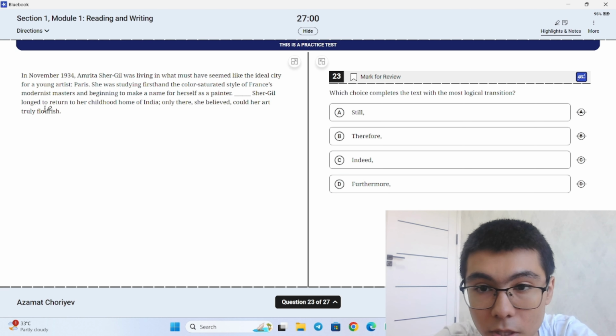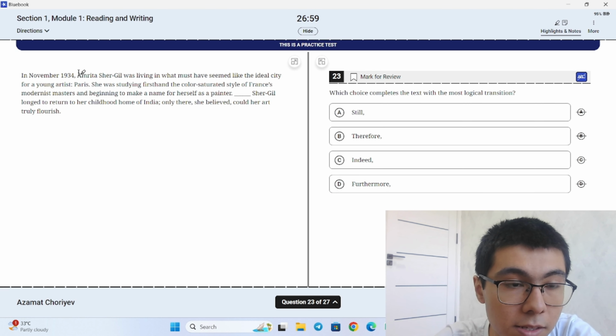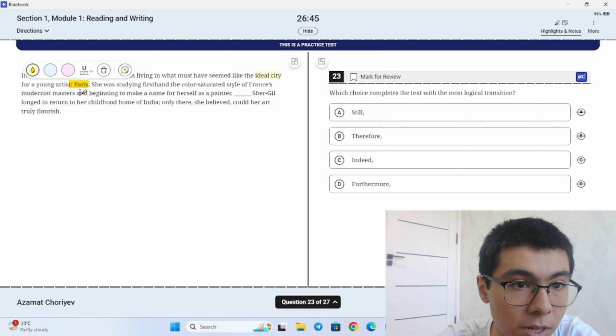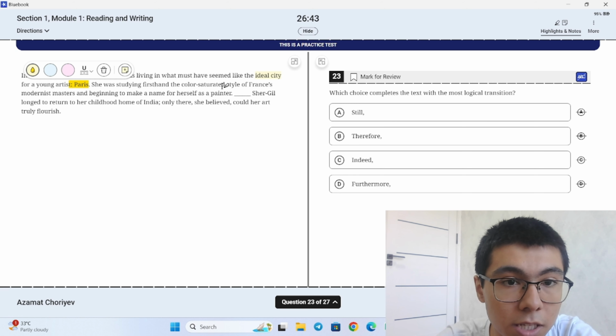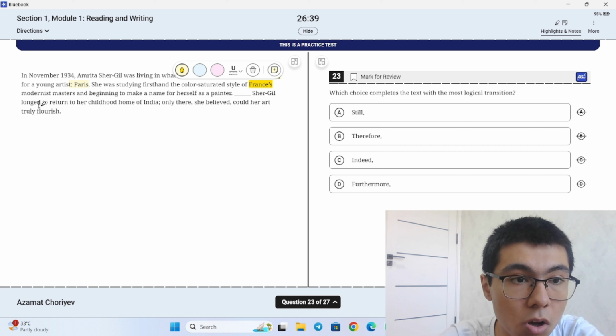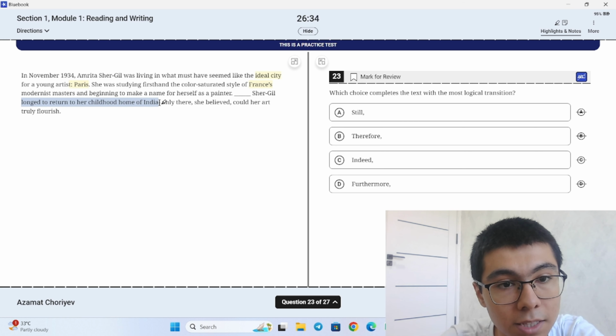So back. In November 1934, she was living in what must have looked like the ideal city for a young artist, Paris. She was studying firsthand the color saturated style of France's modern masters and beginning to make a name for herself as a painter. So she longed to return to her childhood home of India.